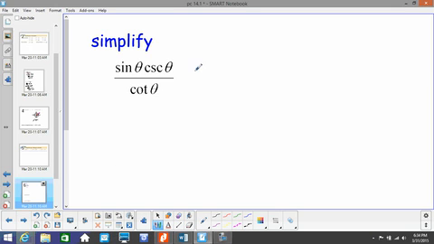So let's go ahead and simplify this one. Again, one thing that will help out is to try and get everything in terms of sine and cosine. So sine, I'm going to leave that alone. Cosecant is the same as 1 over sine. And I'm noticing before I do anything that those are going to be canceling.